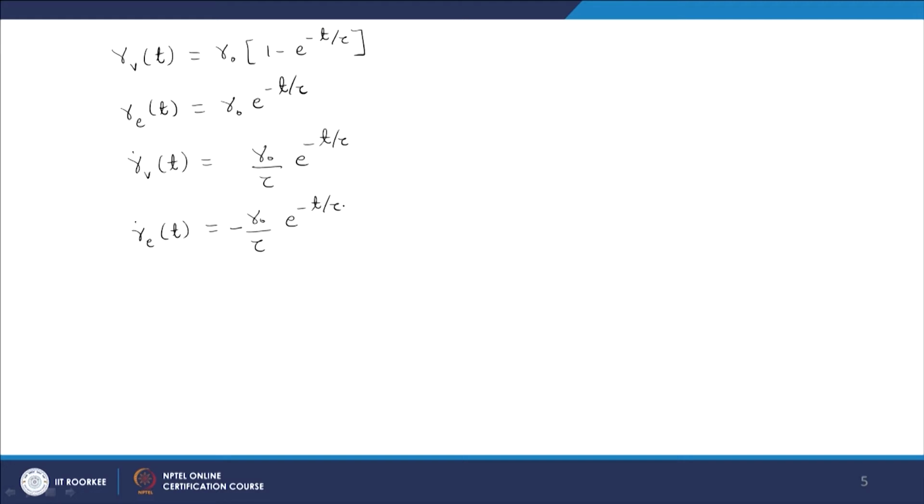If I want to find the stress tensor, I can use either of these two formulas, G_e gamma_E(t) or eta_V gamma_V dot(t). If I use the first one, this is G_e gamma naught e to the power minus t by tau, and we can see why these two give the same answer by simply plugging in the values.